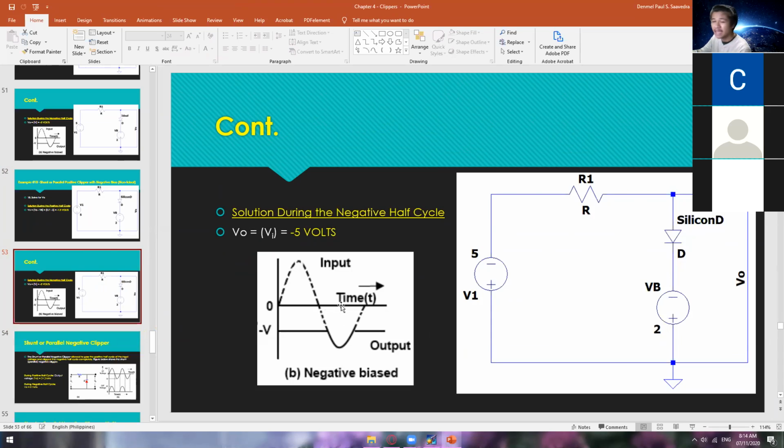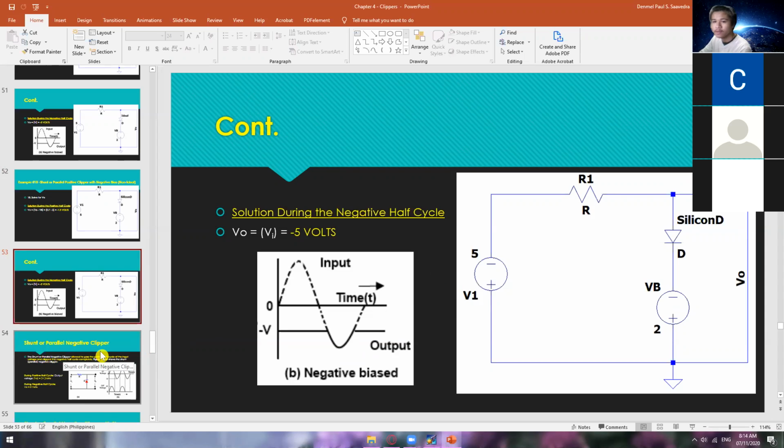So just simply analyze the circuit. I really advise you guys to search for more examples other than what we have here in the PowerPoint right now. Don't just depend on my examples. You can search on YouTube and Google for more examples.